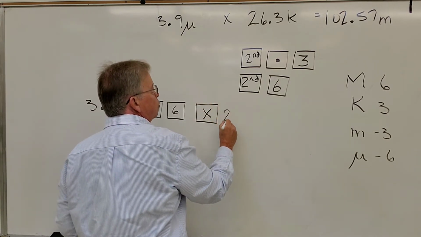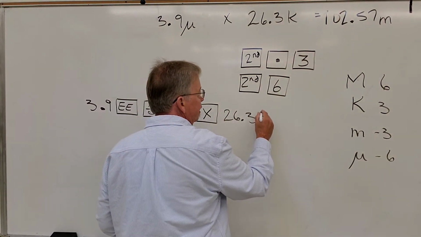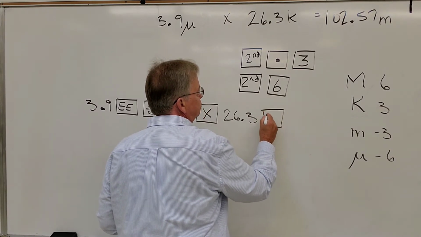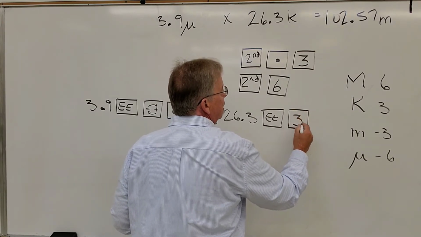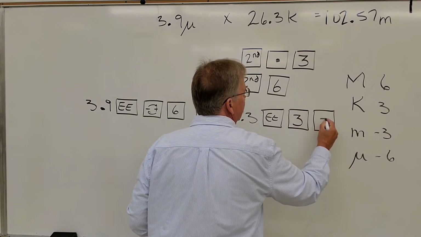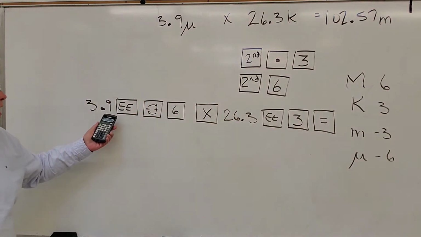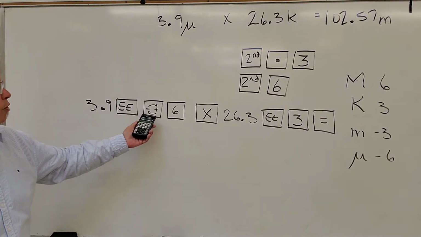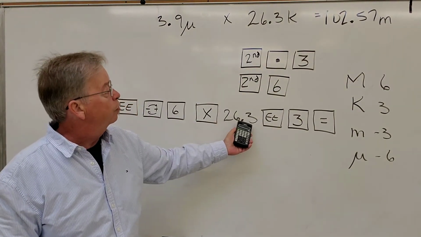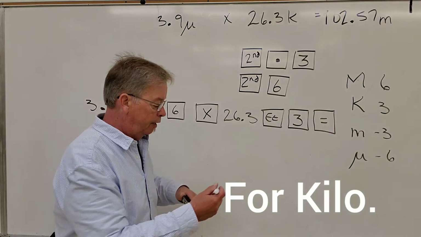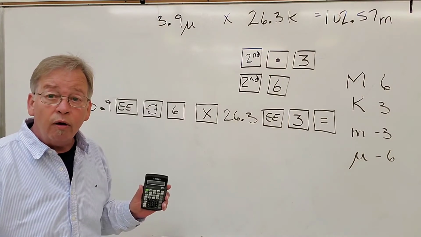Then I entered in the 26.3. Now that's kilo. So I had to enter my exponent. And kilo is exponent 3. And then I hit the equals key. So to enter that equation in, it was 3.9, enter exponent -6 for micro, times 26.3 exponent 3 equals.